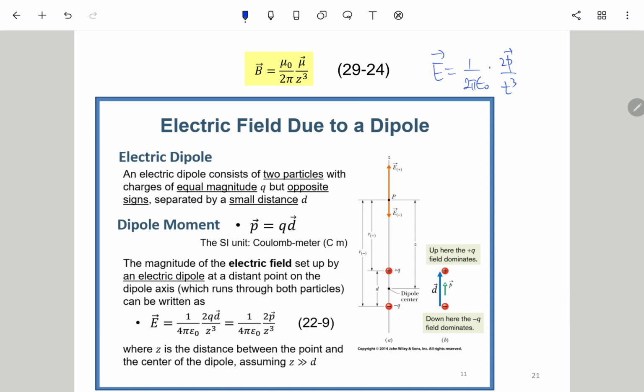Okay, so it's somehow like starting from this one and then you change it to that one. You only need to change the E field to B field, and then change epsilon naught to 1 over mu naught, and then you change this electric dipole moment to magnetic dipole moment, and that's it.